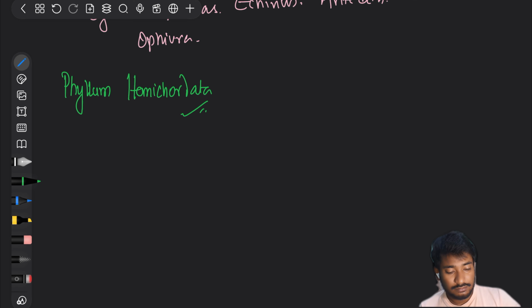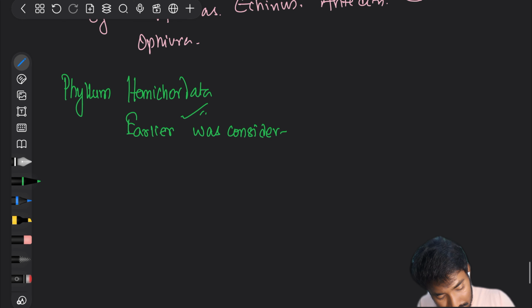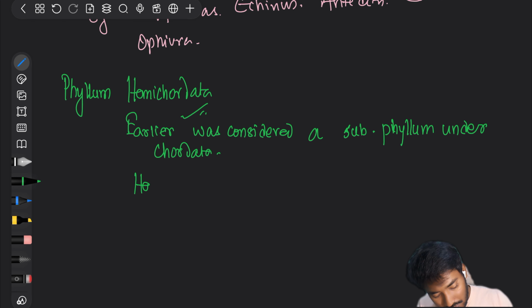Earlier it was considered a subphylum under Chordata. Habitat: worm-like, marine.